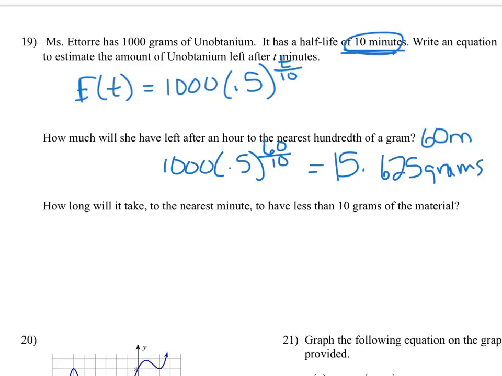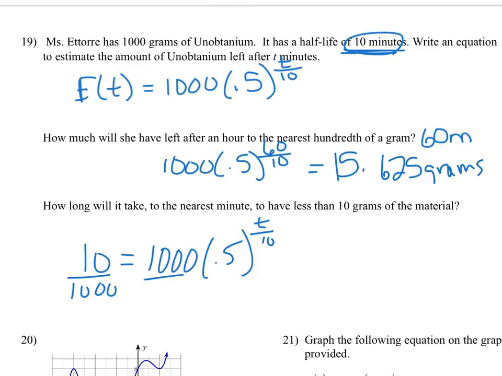How long will it take to the nearest minute to have less than 10 grams of the material? So we do 10 equals 1000 times 0.5 to the t over 10. And we solve this. You're solving for an exponent. So you use your x, and you need logs. So you get 0.01 equals 0.5 to the t over 10.